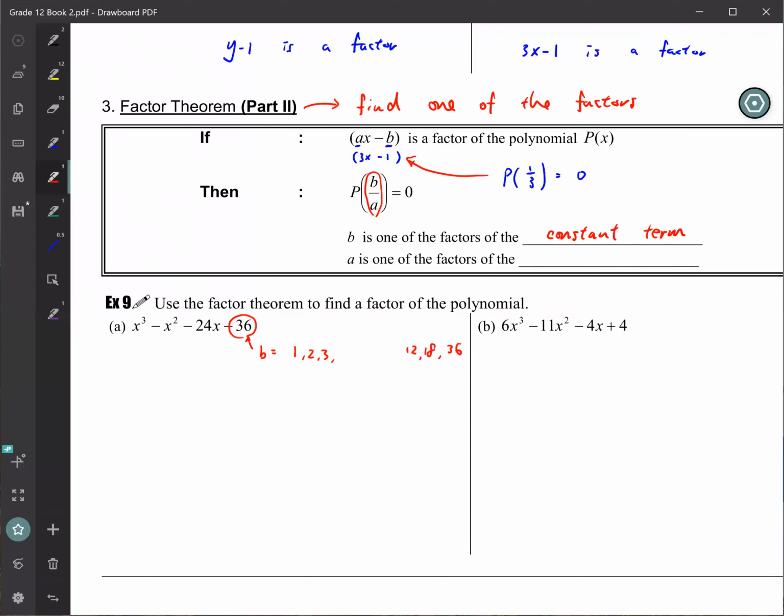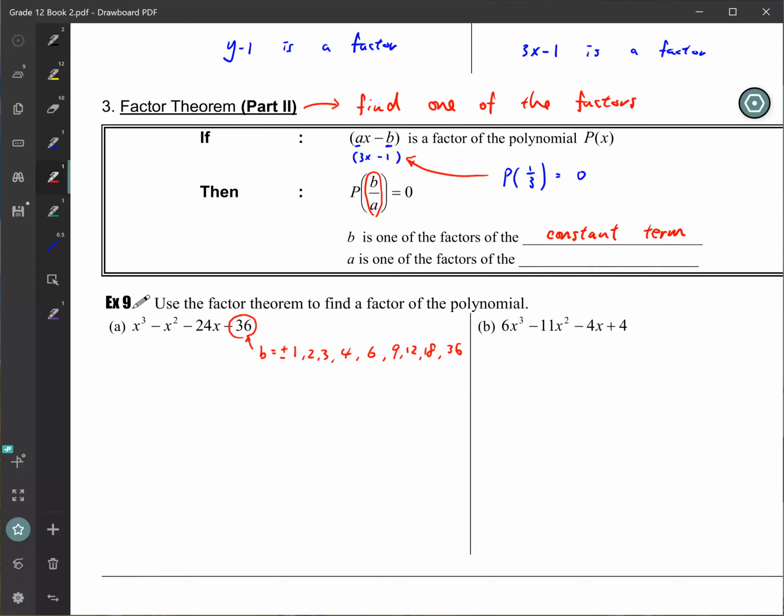Anything before that? 4 and 9. 4 and 9, yeah, very good. And then you have 6 times 6. So these are all the factors of 36 because they are all divisible. And also plus minus: plus minus 1, plus minus 2, plus minus 3, and so on. Those are the possible choices for b.